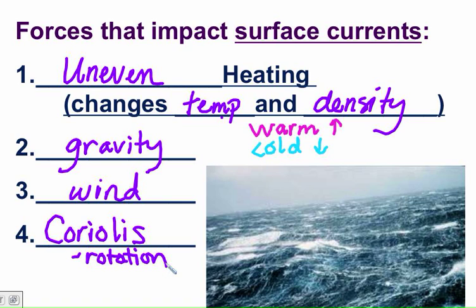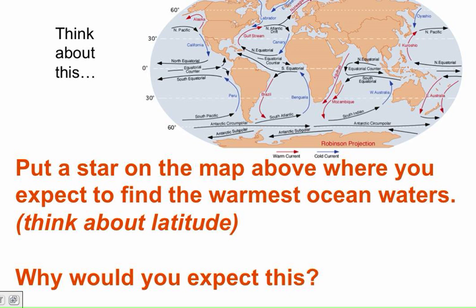Okay. All of those things impact the regular flow of surface currents. There are other things that can impact the flow on an irregular basis, like boats, different schools of fish, earthquakes, things like that, but they don't regularly impact surface currents like these do.